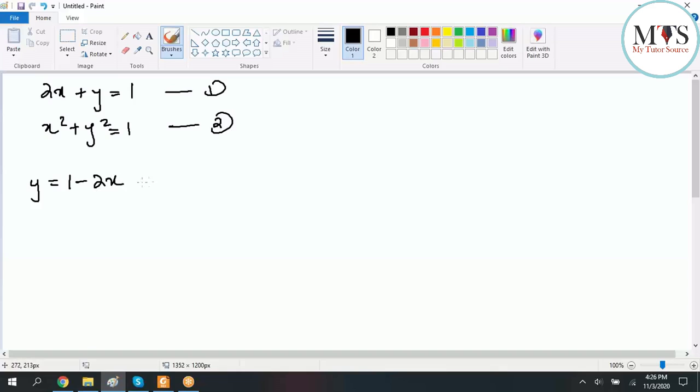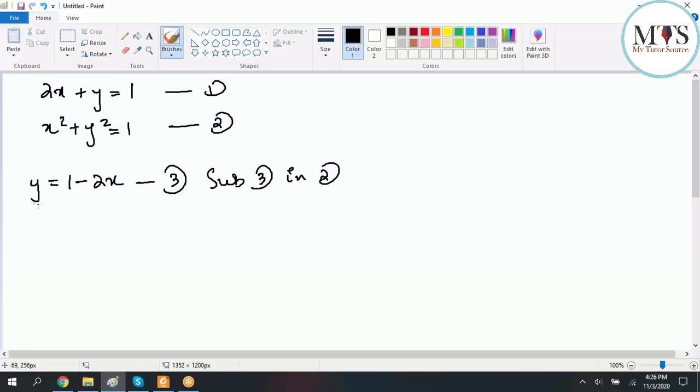Okay? So this is equation 3 and we substitute 3 in 2. Clear? What do you mean substitute 3 in 2? So basically we'll substitute the equation y equals 1 minus 2x in equation 2, because in equation 2 we have two variables.